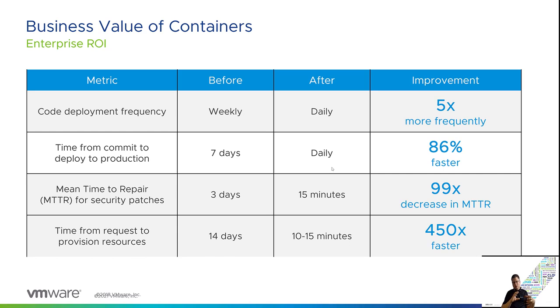You don't have to wait for a big package, but you can commit your source code nearly instantly into production. The mean time to repair is also much lower than with a legacy application. But why is this?